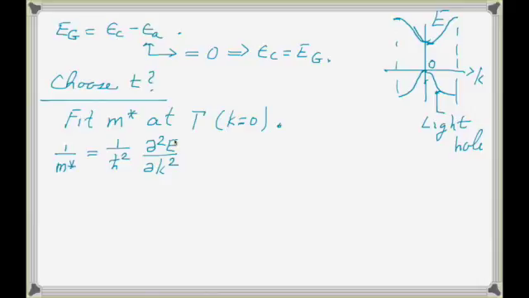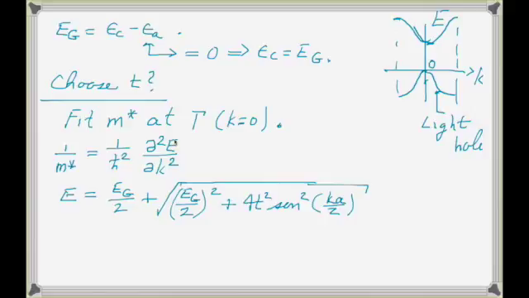I won't go through all the details, but the starting point is you write down the dispersion relationship. So E is the square root of Eg over 2 quantity squared plus 4t squared. Let's say I choose the conduction band mass, because if I take the second derivative, that'll be positive instead of negative, because it's just a curvature. So that's our starting point, and then we take the second derivative.